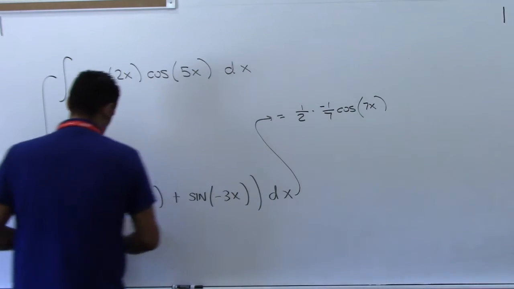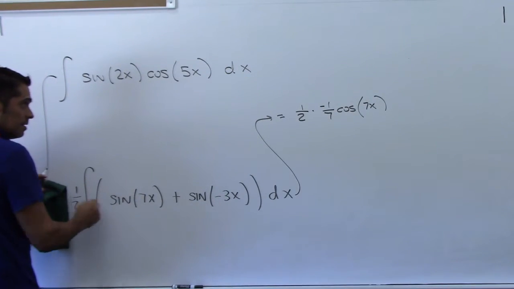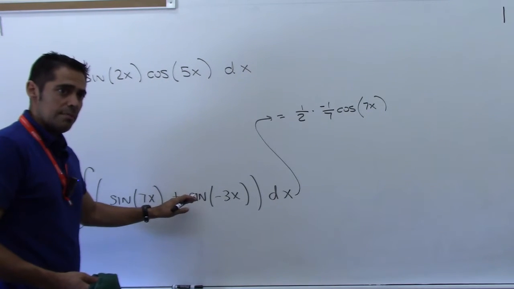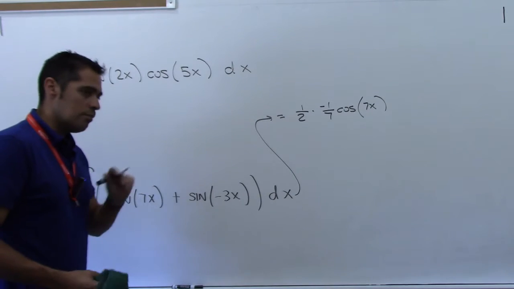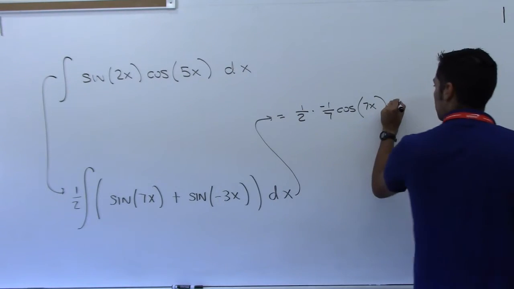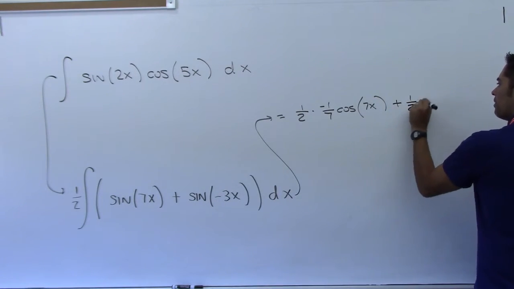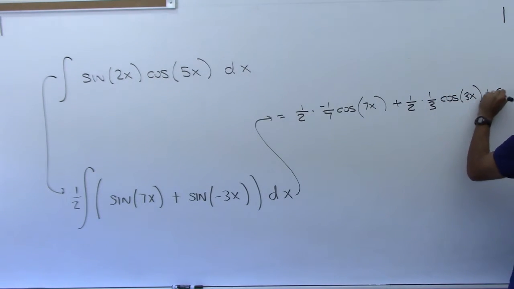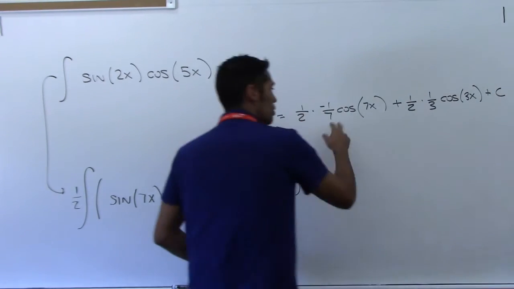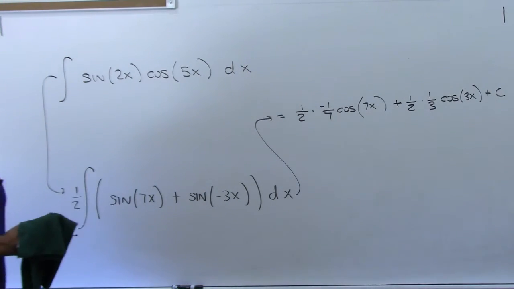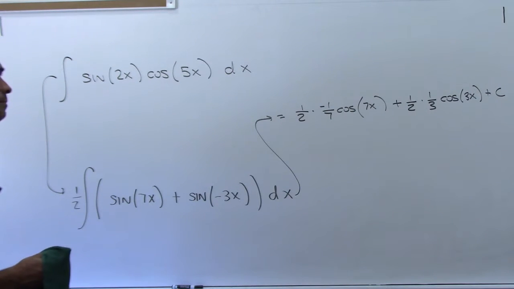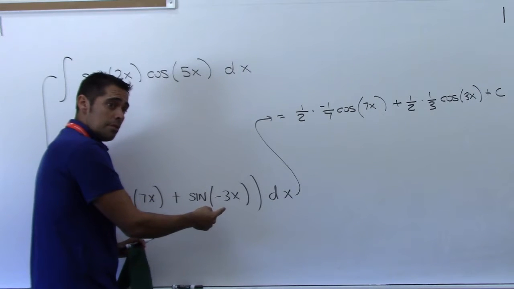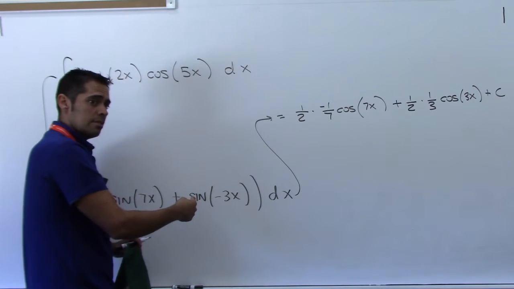The antiderivative of that is negative cosine, but then scale by the 7. This one over here is, again, negative cosine, but you scale by what this time? Negative 1/3. So you're going to have positive 1/2 times 1/3 cosine 3x plus c. So negative 1/14 cosine 7x, and for cosine 3x, the antiderivative of sine is negative cosine, but then we scale by negative 1/3. Negative and negative became plus.